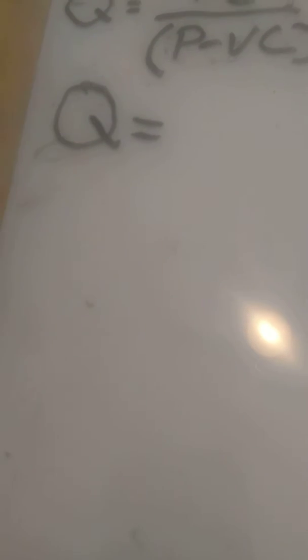Q equals 45 divided by the price of 5 minus variable costs. So you knew all that. You just want to manipulate it a little bit to figure out the variable cost here.